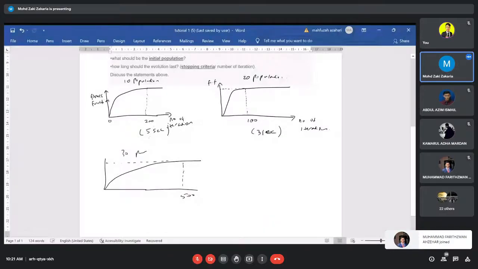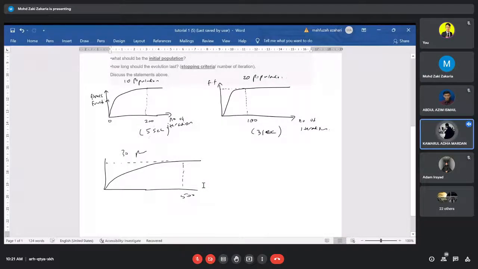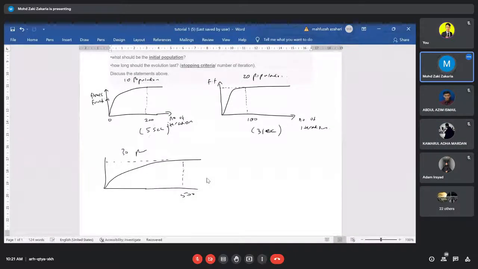Clear? Maybe at 400 iterations, the result can be produced after 10 seconds. So it takes more time to show the result. That means experiment number 2 is the best. This one is the best.